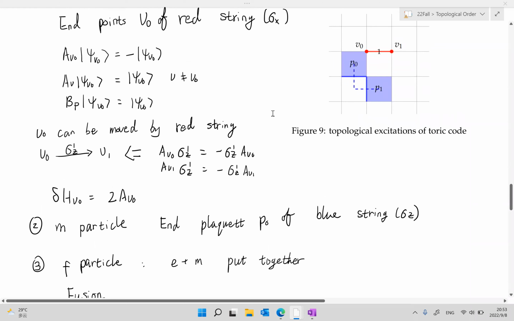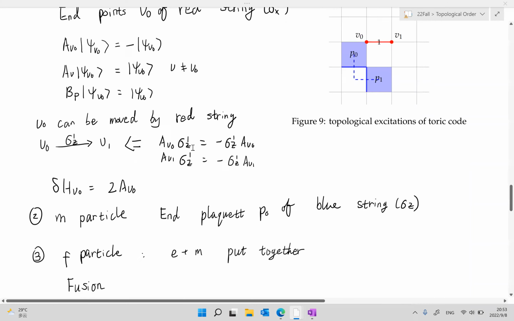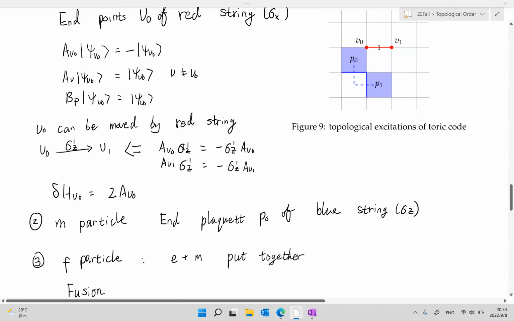In this part, I want to show that when we act with this sigma z, which we denote as sigma z1, we will move a V0 E particle to the V1 side. It is easy to show because sigma z anti-commutes with sigma x.